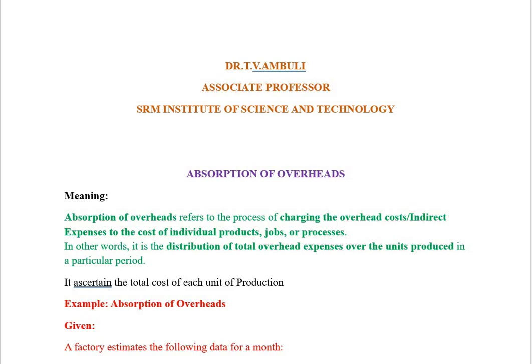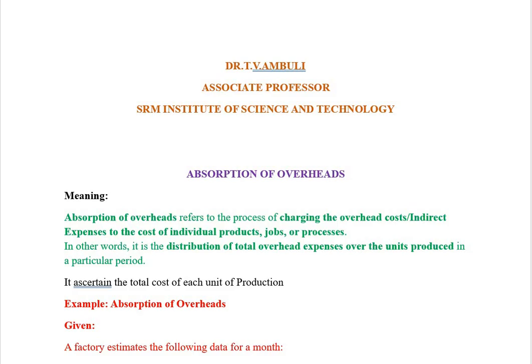What is the term absorption of overhead? Absorption of overhead refers to the process or procedure for charging the overhead cost or indirect expenses to the cost of individual units, with respect to product, job or process. In a simple way, we can say it is the distribution of total overhead expenses over the units produced in a particular period.